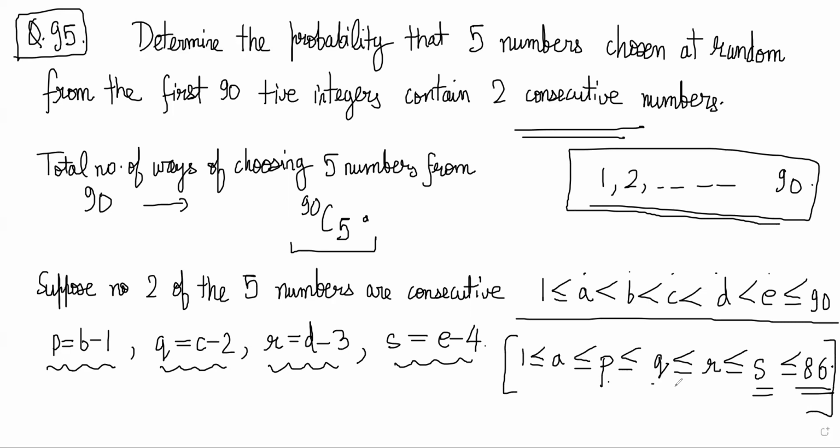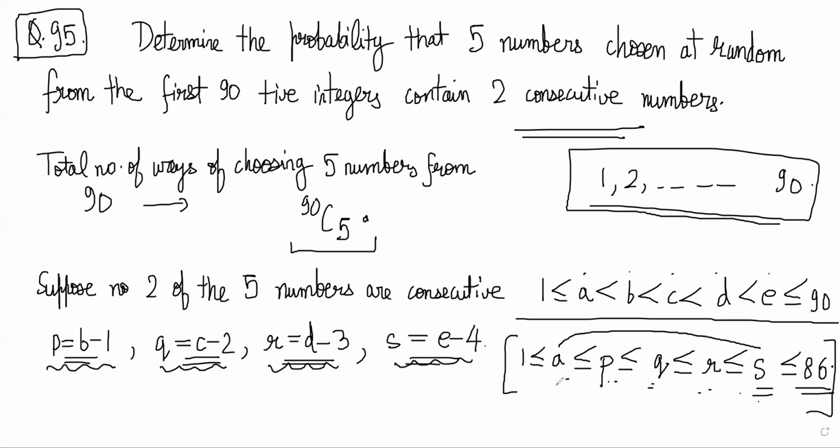Here P, Q, R, S are 4 other integers such that they are equal to B minus 1, C minus 2, D minus 3, and E minus 4. So these inequalities are valid, and now we can choose the number of ways in which we can select these 5 integers A, P, Q, R, S, but now we have to select them from 1 to 86, right?